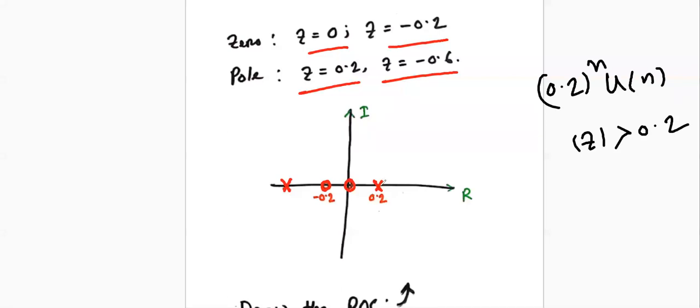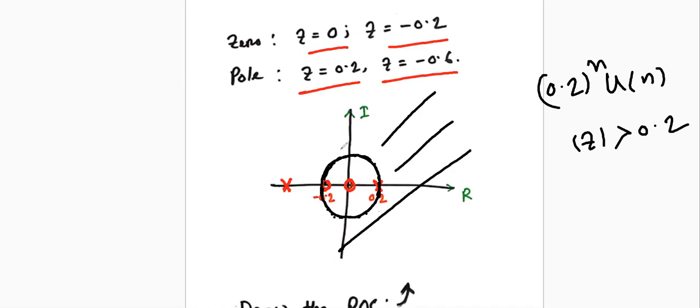So that means we can put a circle, we can make a circle like this, and more than that. So we can draw it here. Don't forget that this is minus 0.6.